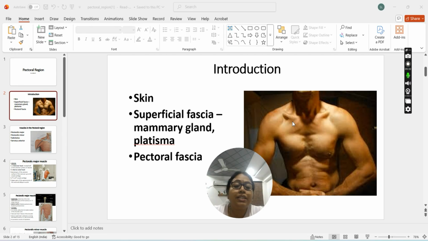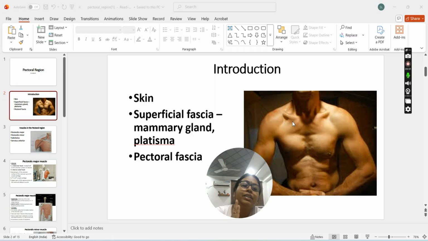It is present in bits in human beings, but in lower animals it will be a continuous sheet of muscle. This sheet of muscle is called panniculus carnosus. Okay, what does the platysma do for you?